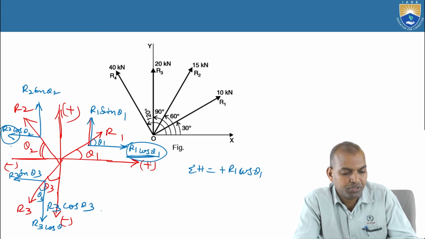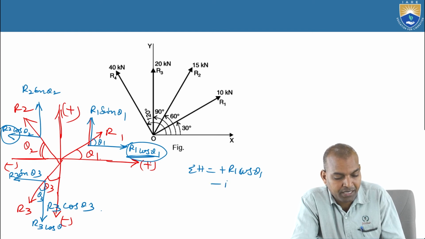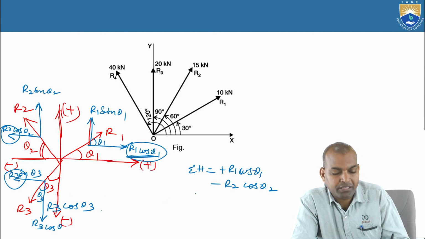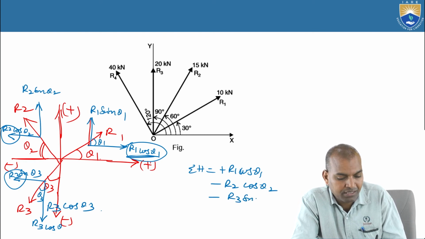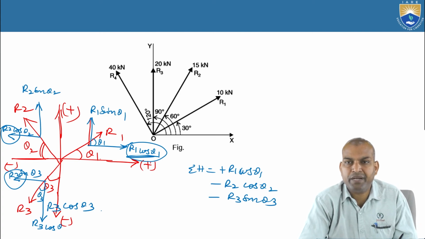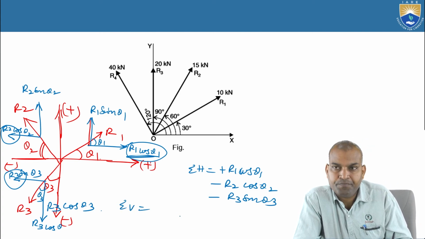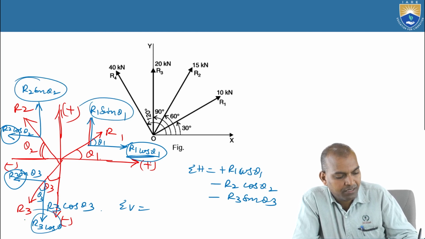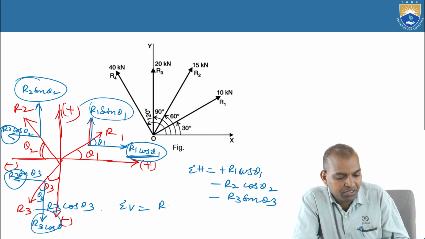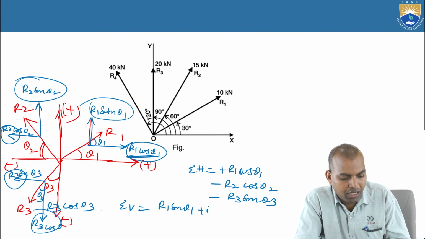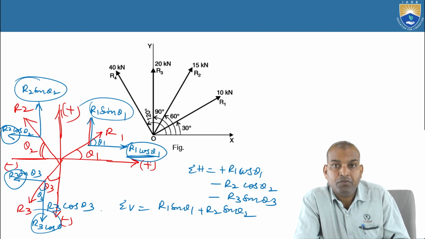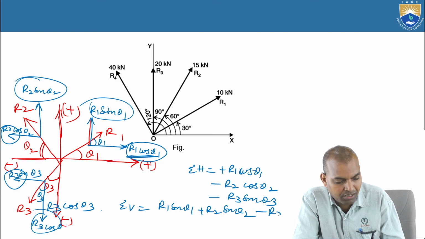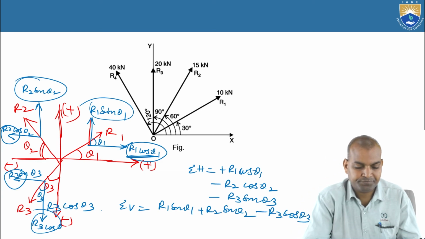Next, the negative component, that is minus R2 cos theta 2. The negative component of R3, that is minus R3 sin theta 3. That is sigma h. Sigma v, you consider all vertical components: R1 sin theta 1 plus R2 sin theta 2. R3's vertical component is vertically downwards, along the negative y-axis, so minus R3 cos theta 3.